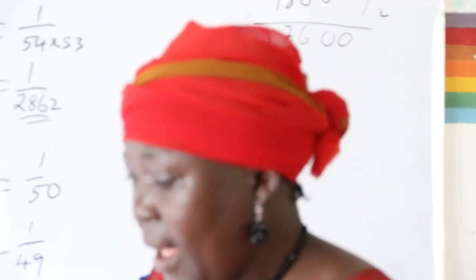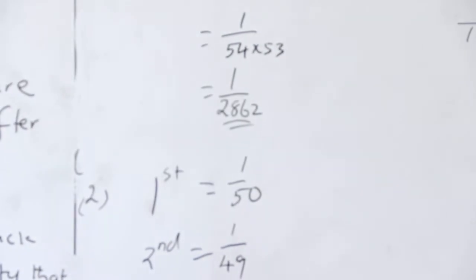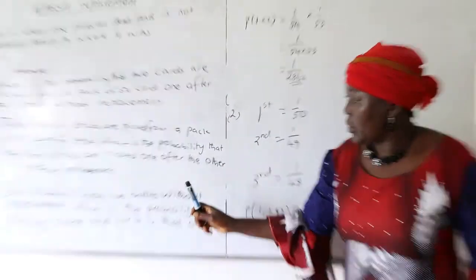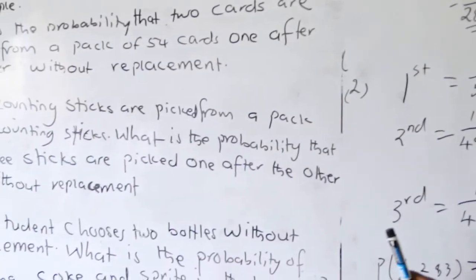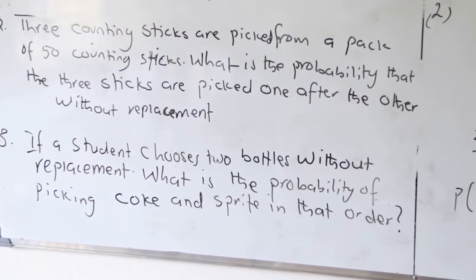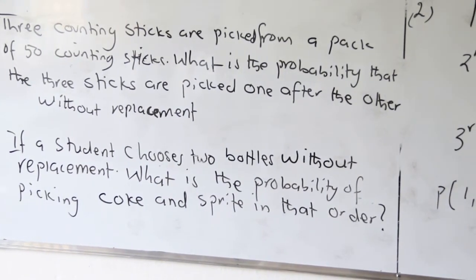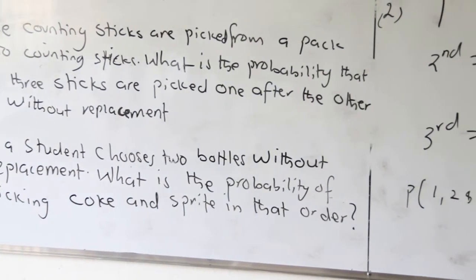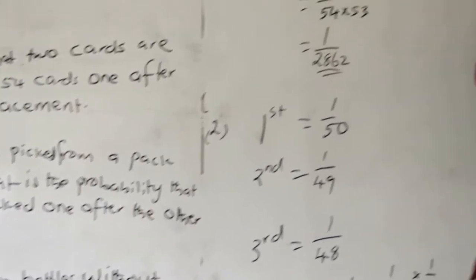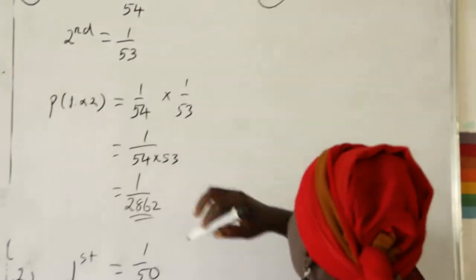Then the third one is 2 bottles without replacement. What is the probability of picking Coke and Sprite in that order? So we have number 3.